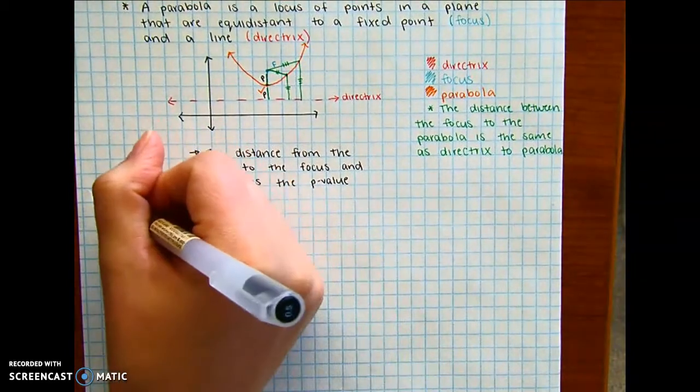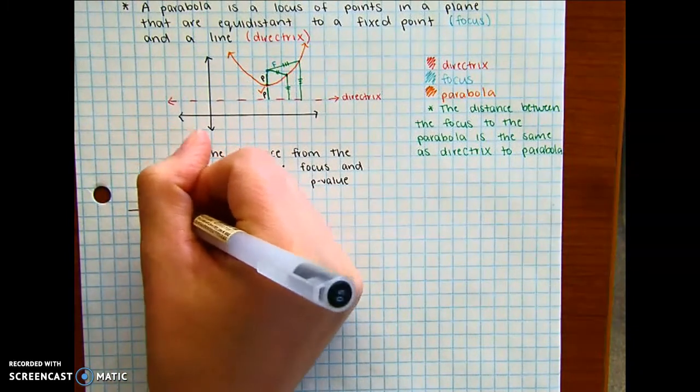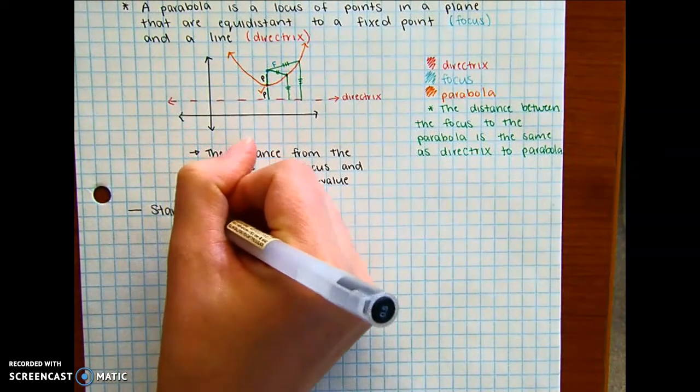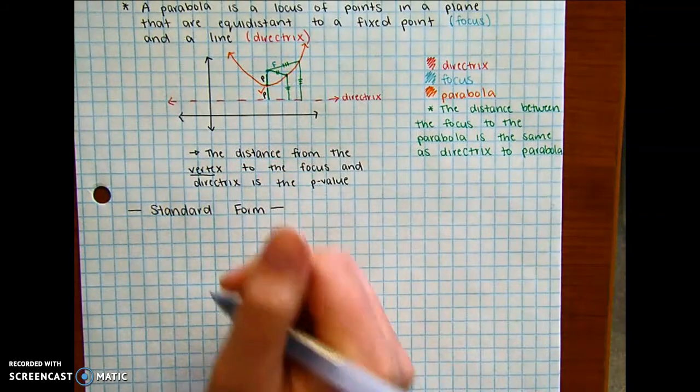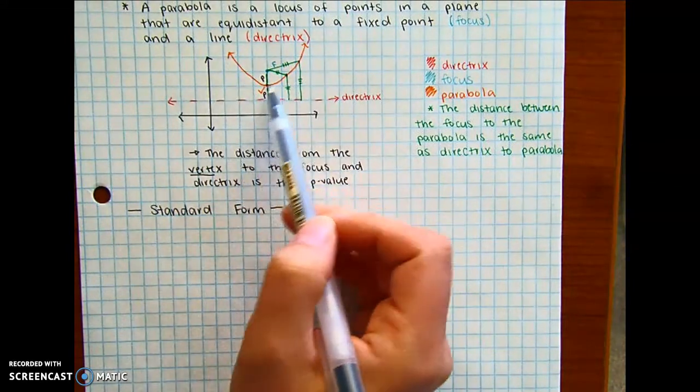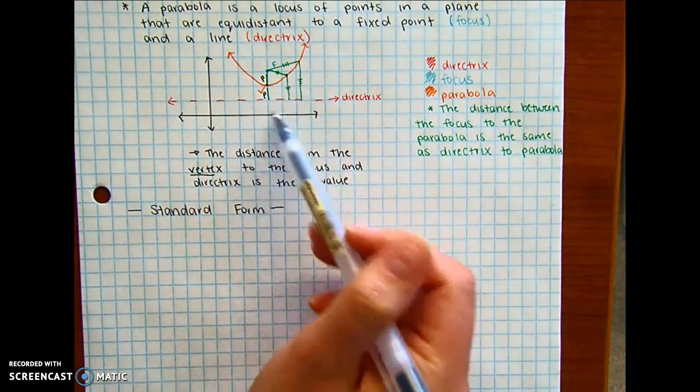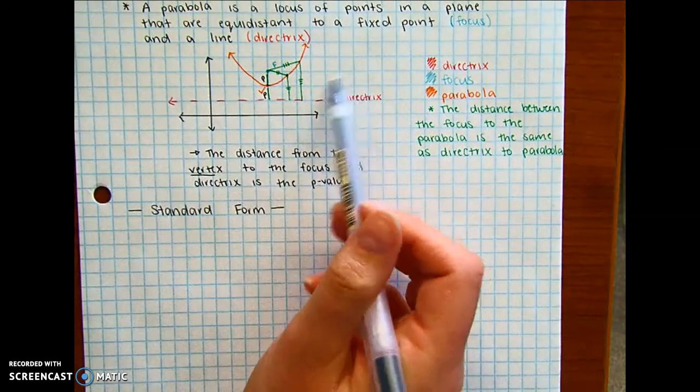So standard form of a parabola, there are two equations because it could be facing up or down, as well as to the left or to the right.